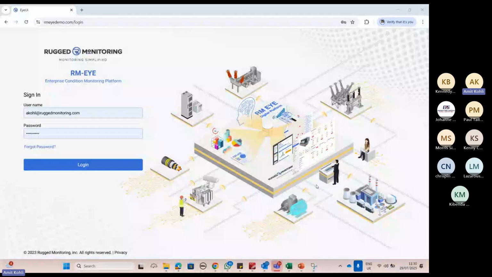So this enterprise asset performance management software, which I am presenting today, has the capability to collect data from different data sources. Those data sources could be testing equipment, whatever Paul has described previously. It could be a simple visual inspection report.